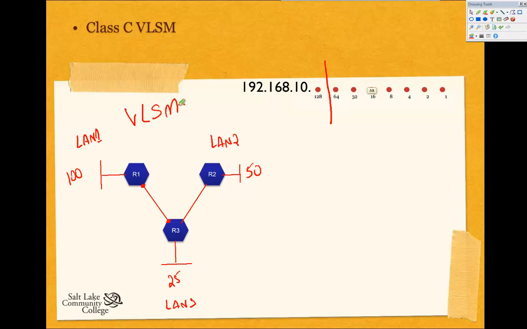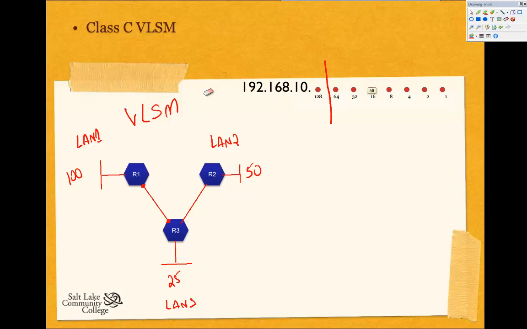When you're dealing with variable length subnet masking, you don't worry about the LANs necessarily initially. You're concentrating on how many hosts you need on each segment and the connections between them.